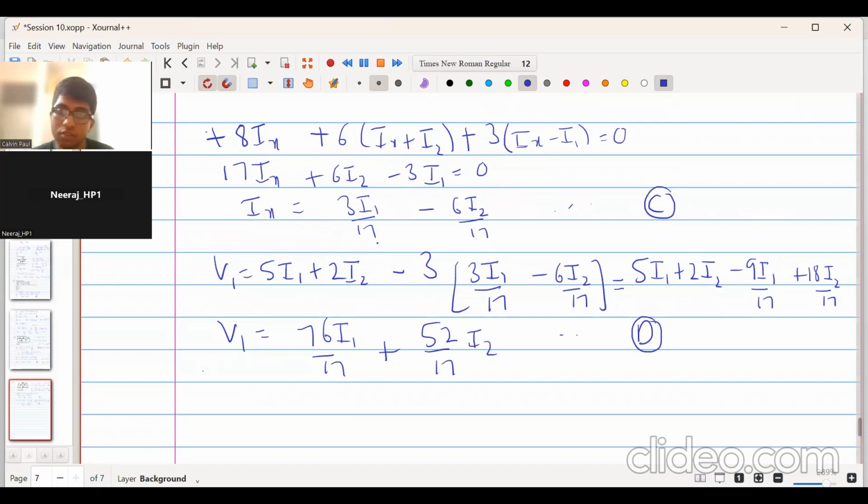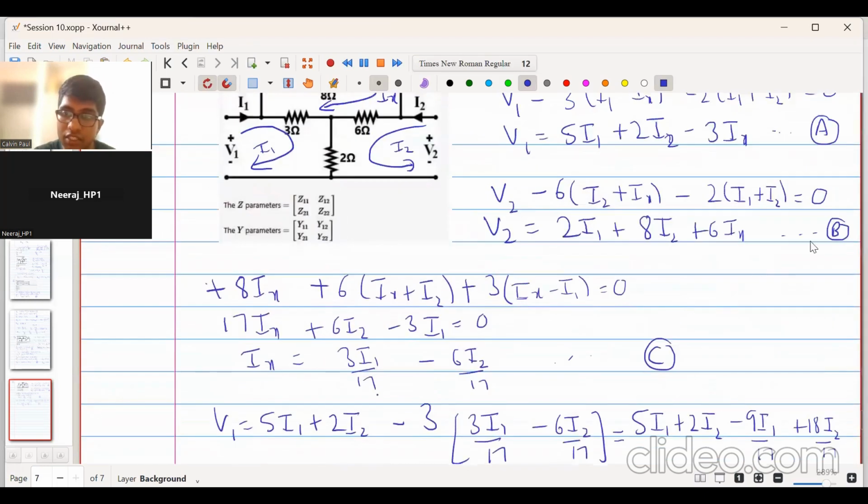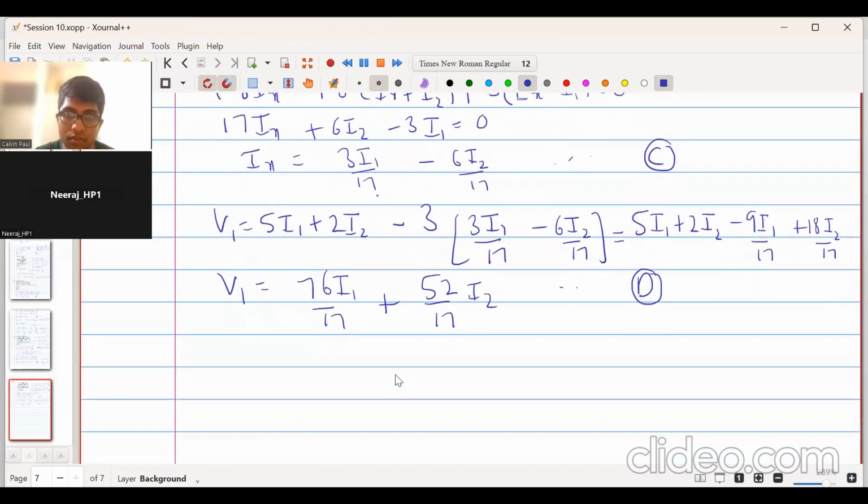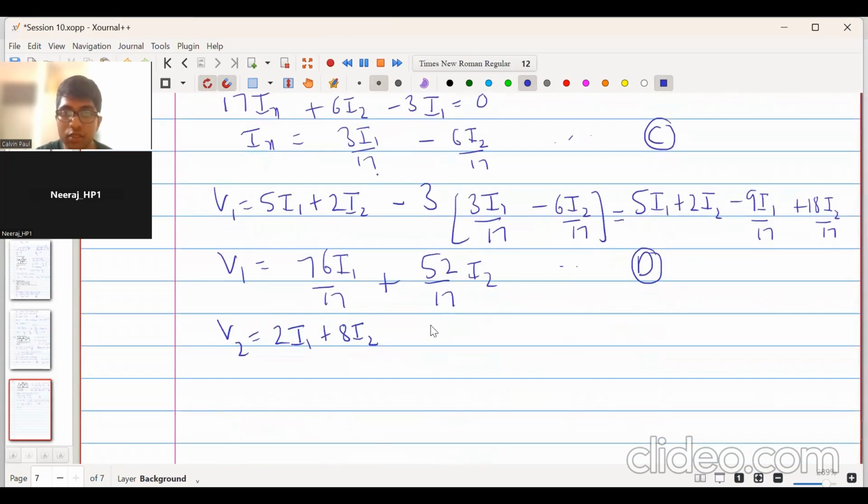Similarly, we substitute this Ix in equation B, we get V2 is equal to 2 into I1 plus 8 into I2 plus 6 into Ix, that is plus 6 into 3 into I1 upon 17 minus 6 into I2 upon 17.